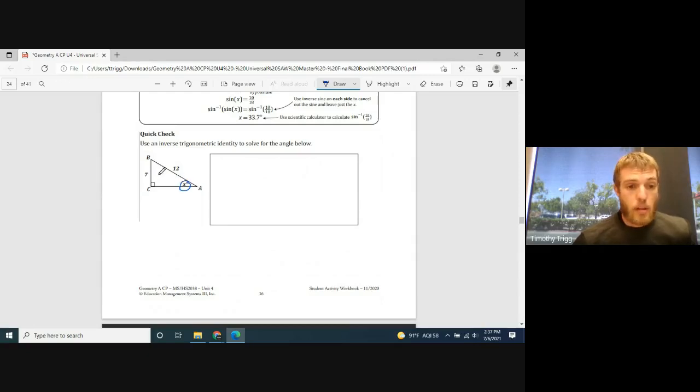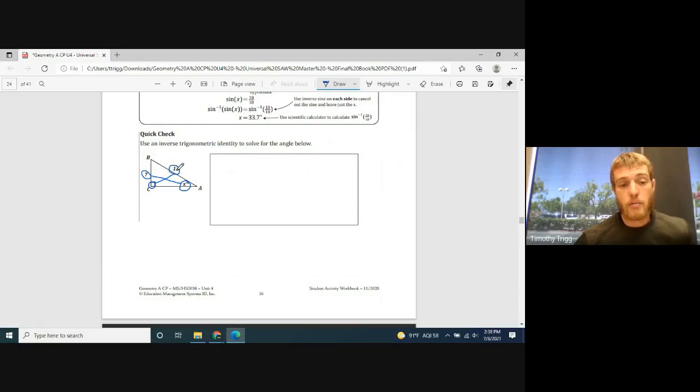Now, let's look at the two sides they give us. First of all, they give us this 7. Is that the opposite leg, or the adjacent leg, or the hypotenuse? Well, hopefully you can recognize that that's the opposite leg. And then the 12 in this case is the hypotenuse. It's the longest side. It's opposite from the 90.